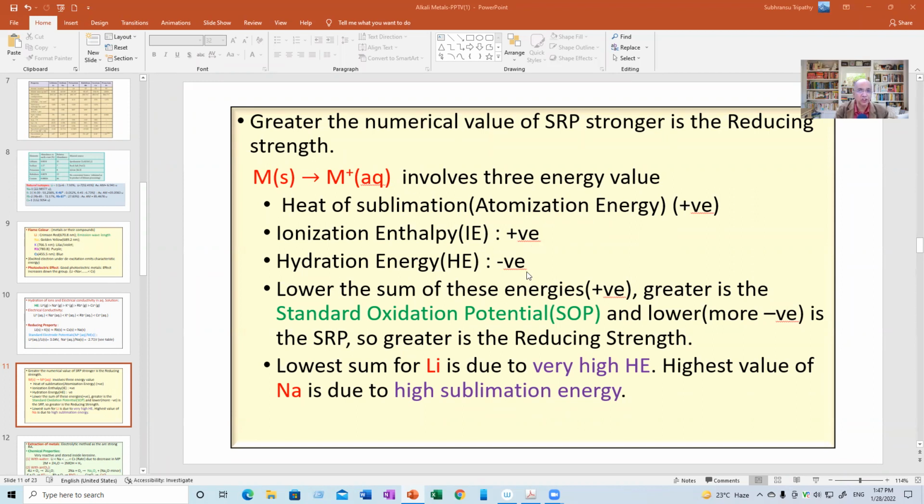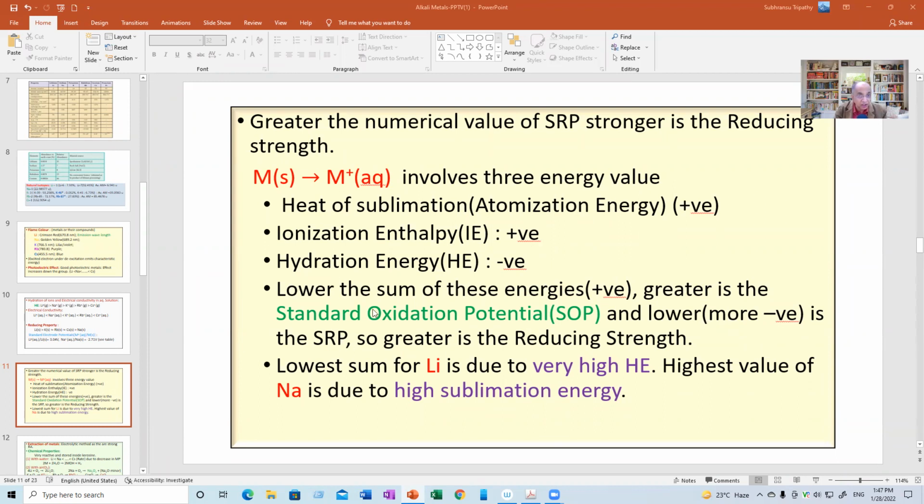The net energy change is still positive, but the lower the sum of these three energy terms, the greater is the standard oxidation potential. And hence the reduction potential is the negative of that. The lower the reduction potential, the higher the numerical value. We are more interested in the numerical value. I told you that first we find the oxidation potential, which is really happening.